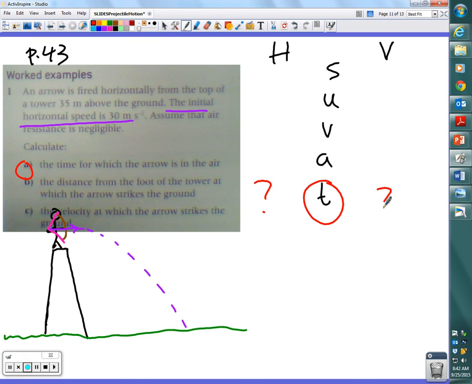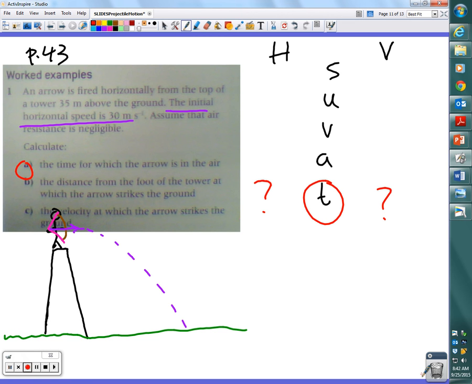This time here and this time here have to be the same. But that's the only row in this whole table that has to be the same horizontally and vertically. Sometimes we might find other values that are the same, but that's more coincidence than anything else.